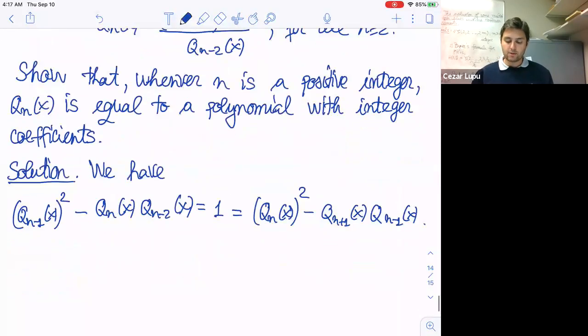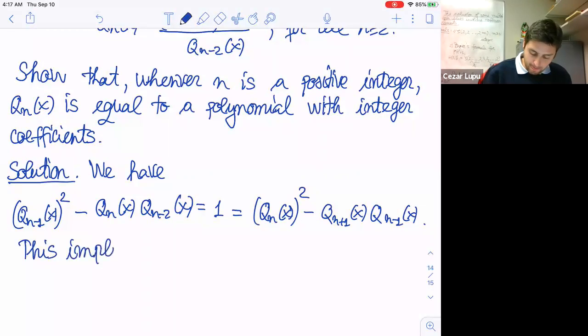Okay, so we have this equality, and now this implies that the two are equal, right?